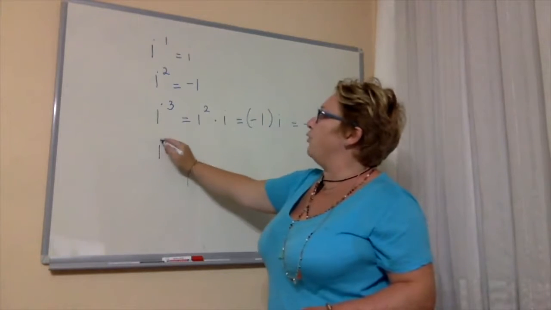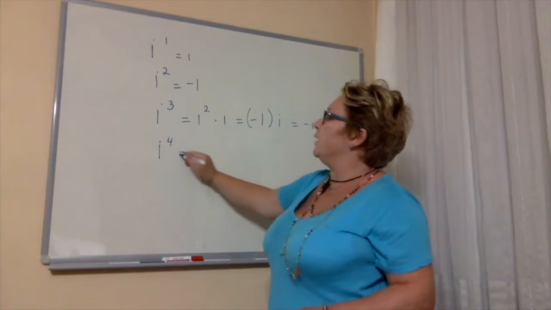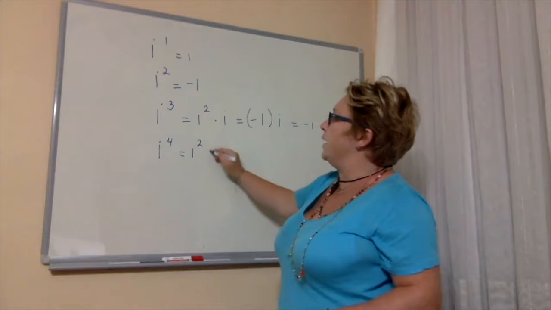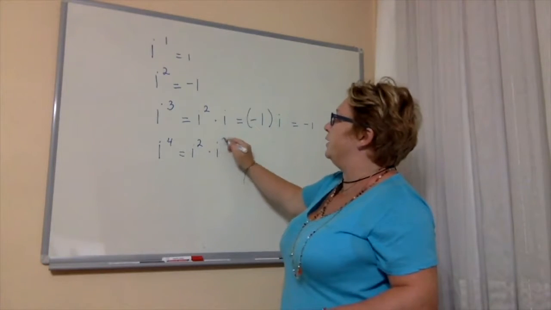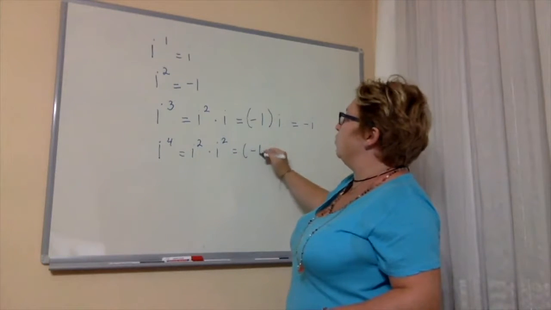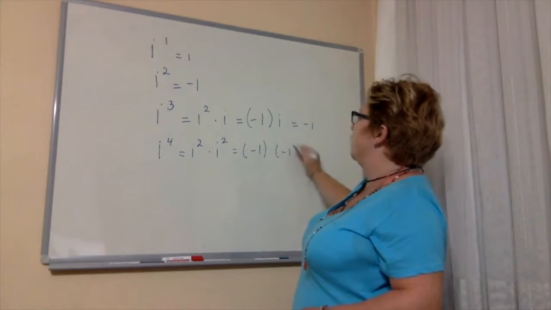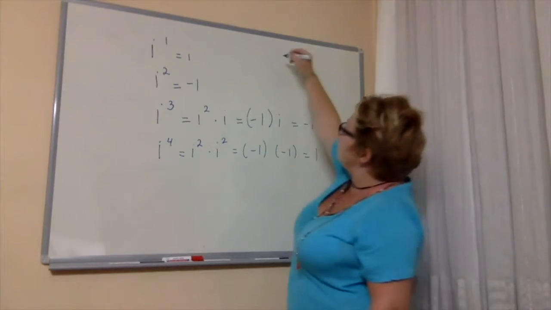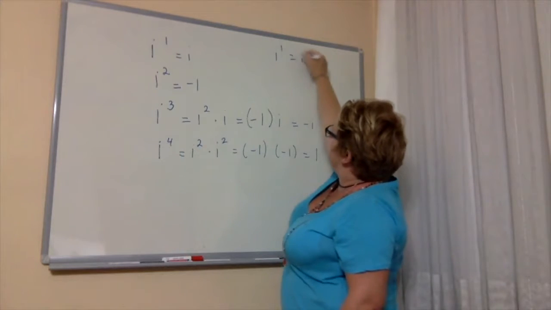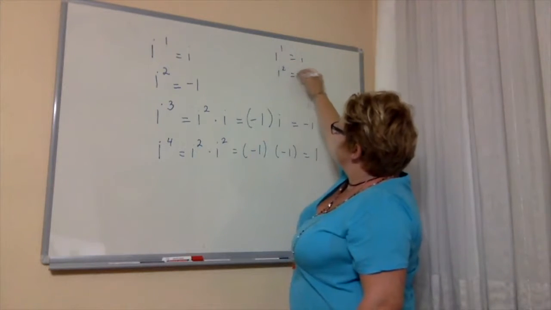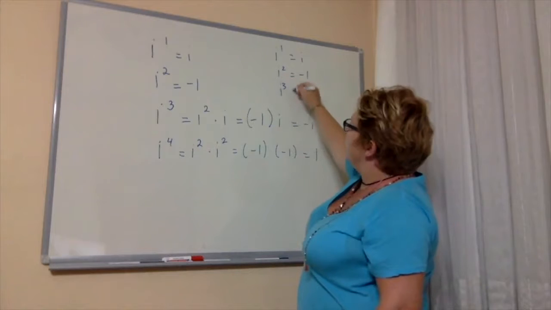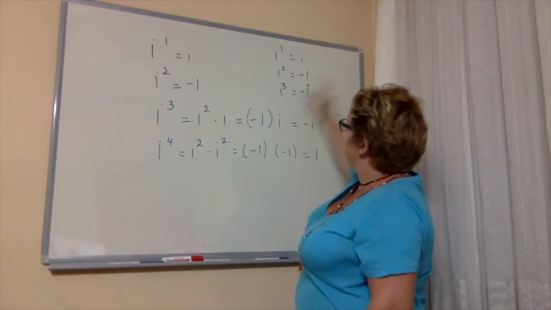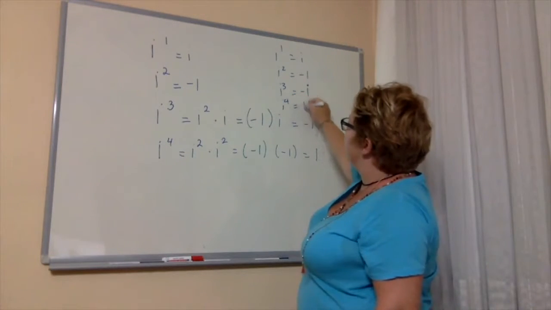And for i to the fourth, we can think of it as i squared times i squared, which gives me negative 1 times negative 1, or 1. So the powers of i: i to the first is i, i squared is minus 1, i cubed is minus i, and i to the fourth is 1.